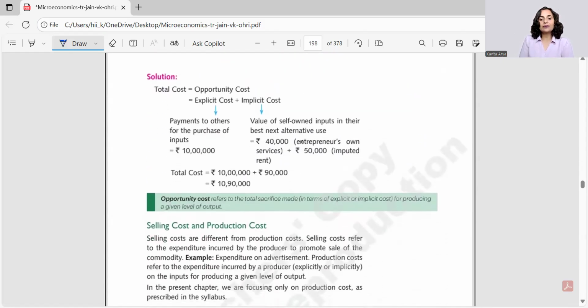So here the total cost is nothing but the opportunity cost, the sum total of implicit as well as explicit cost. Here explicit cost is 10 lakhs and implicit cost is 40,000 plus 50,000, making it 90,000. So the total cost comes out to be 10 lakhs and 90,000 for this given example, right?